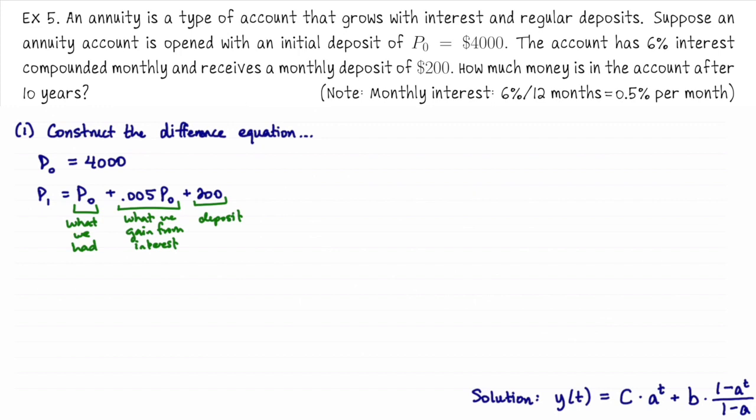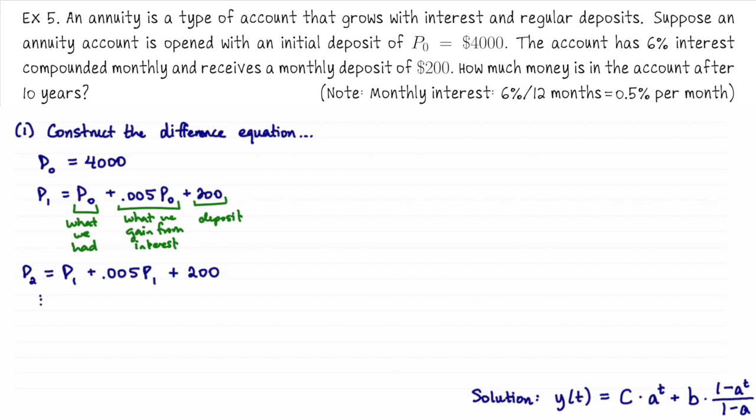Okay, let's write down what happens in the second month. So that's going to be P sub 2. Now 2 months have gone by, and what we're going to see in our account is what we had before. So that's P1 plus 0.005 of P1, and then we're also just going to add $200.